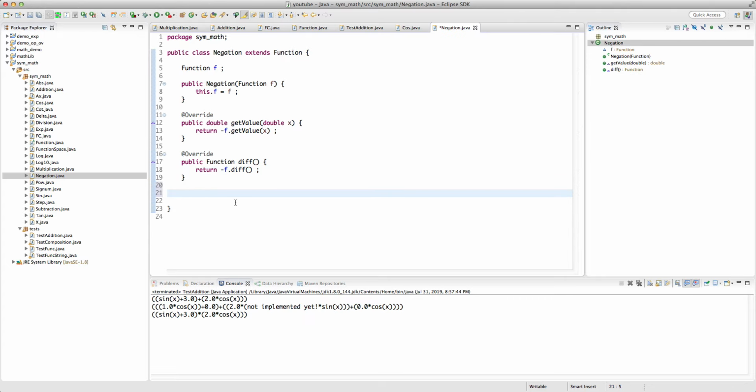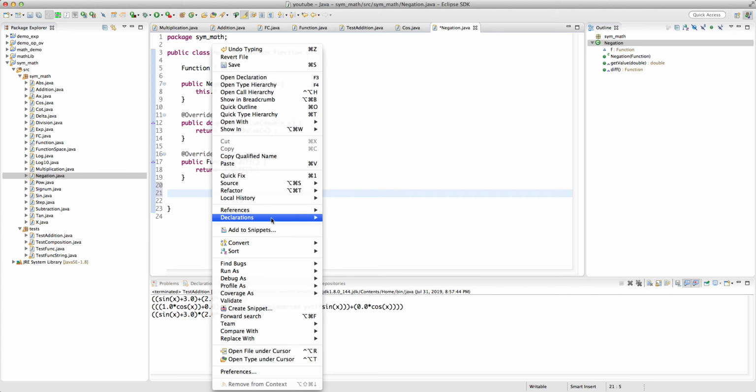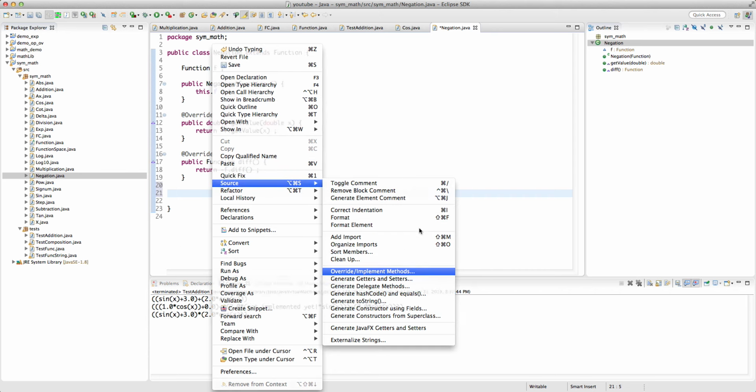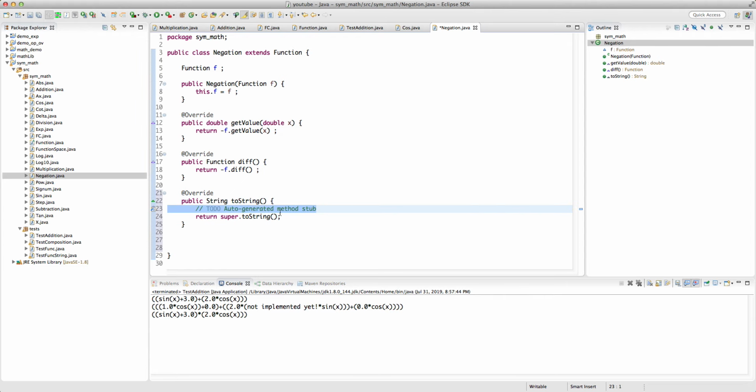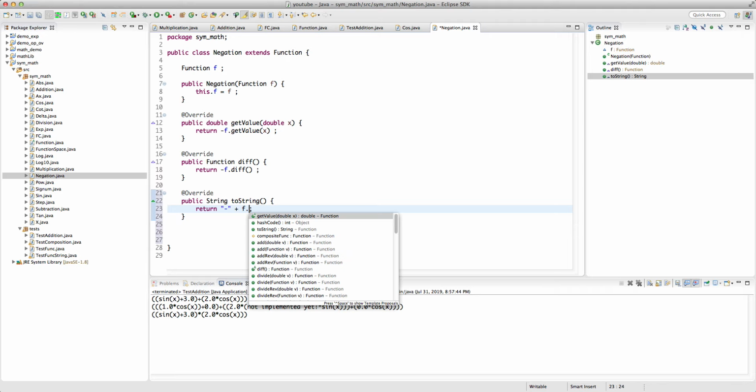And then for the toString method, return basically negative plus f dot toString.